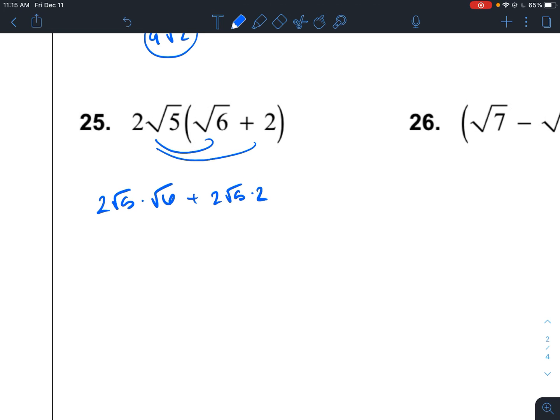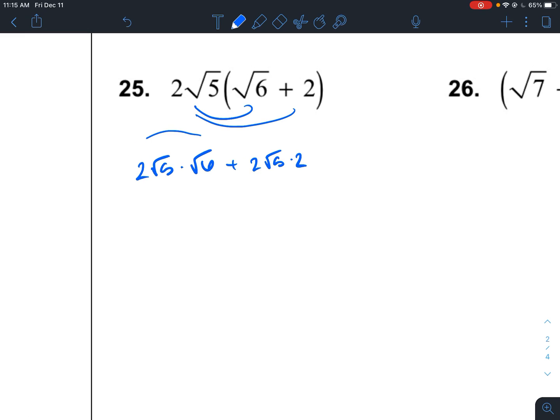Now order of multiplication doesn't matter, so for this part right here, I'm going to do 2 times the square root of 30, because 5 times 6 is 30. And then for the second term, I'm going to multiply these two together, so it's going to be 4 square root of 5.